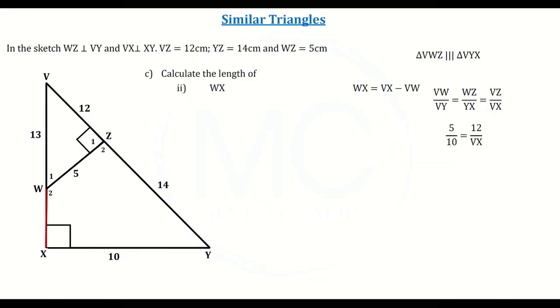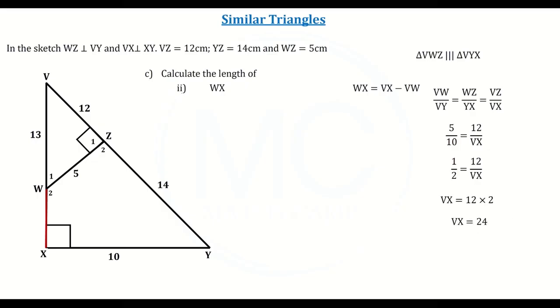So let's simplify the fraction, and we get 1 over 2 is equal to 12 over VX. Now we multiply out our denominators. 1 multiplied by VX is simply VX, which is equal to 12 multiplied by 2. And we see that VX is equal to 24.